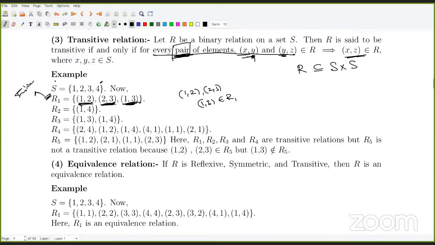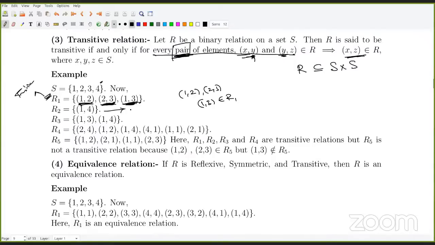Okay. Now see R2. When I come to R2, there is only one element, and that is (1,4). So this is one kind of hint or shortcut or note maybe. If you have only one element in your relation, then close your eyes and just tick that it is a transitive relation.